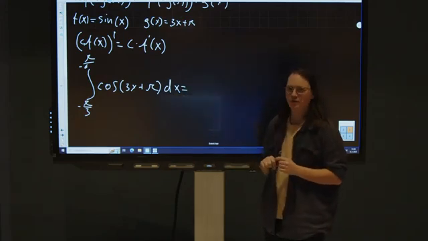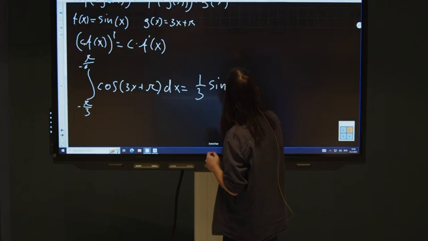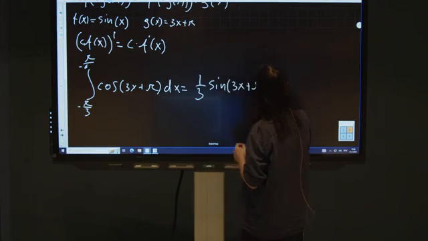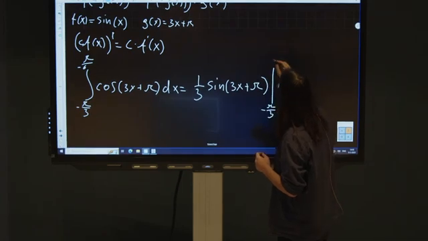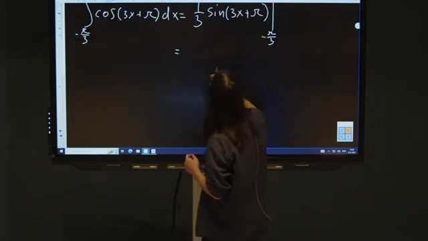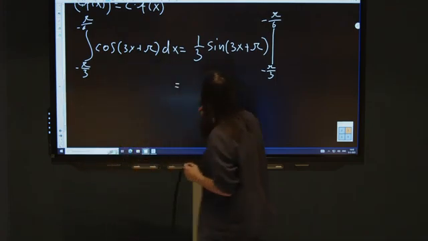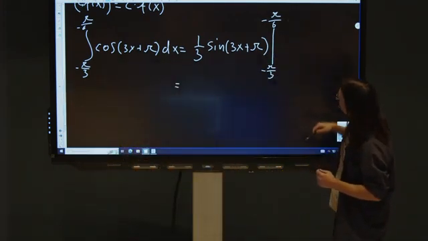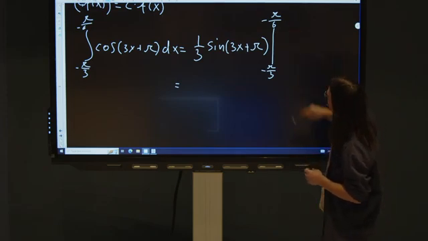Now I know the antiderivative, so I get 1/3 sine of 3x plus pi from minus pi over 3 to minus pi over 6. So if I plug in those values, let's start with minus pi over 6.